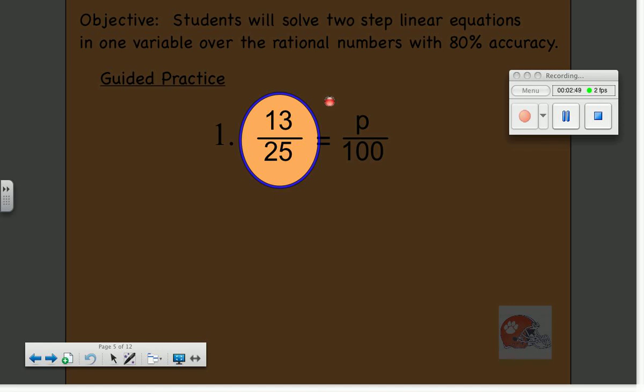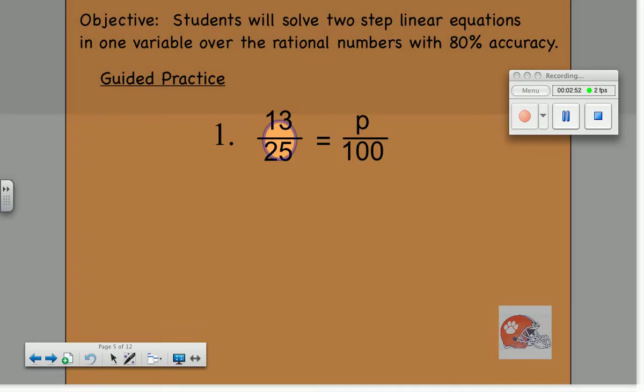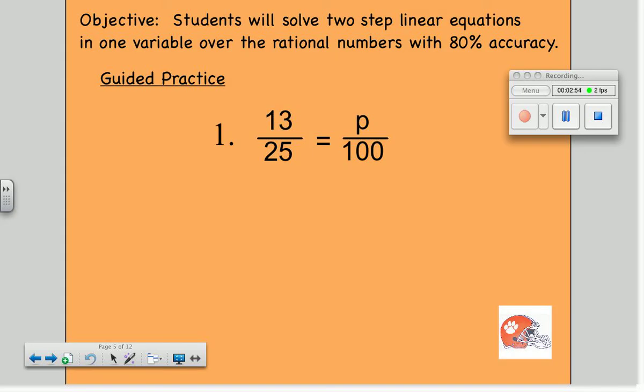So I'm going to write that as a question. This means, what percent is 13 out of 25?